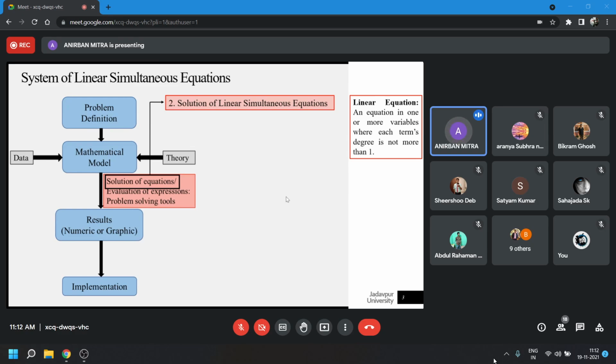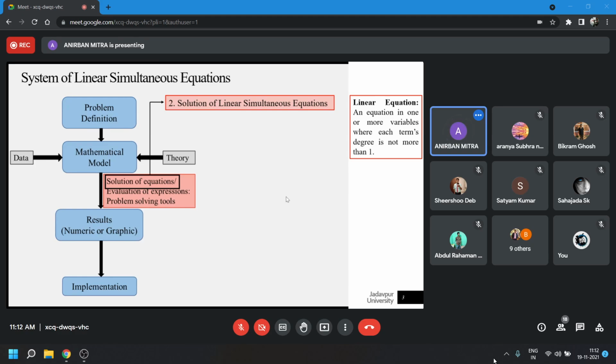What you also do not have is product of two variables. So if an equation has two variables, maybe x and y, then you would not be having product terms such as xy or x square y or xy square. So those would make the equation a nonlinear one.